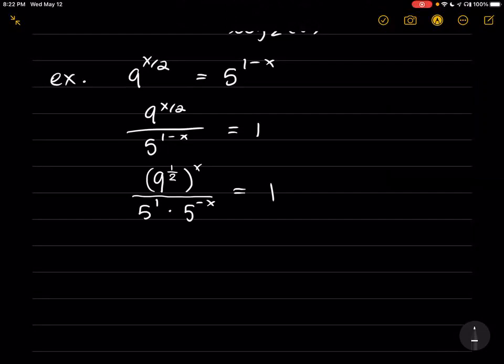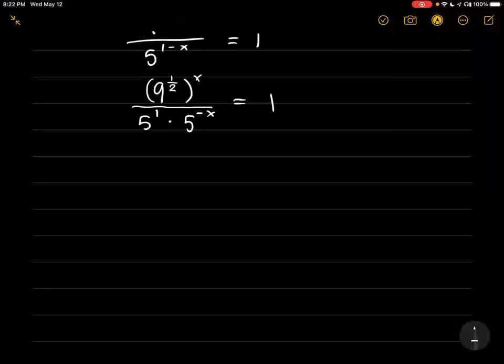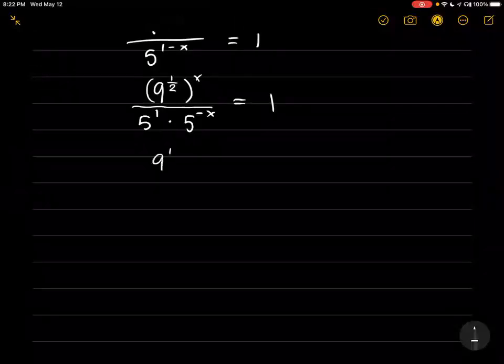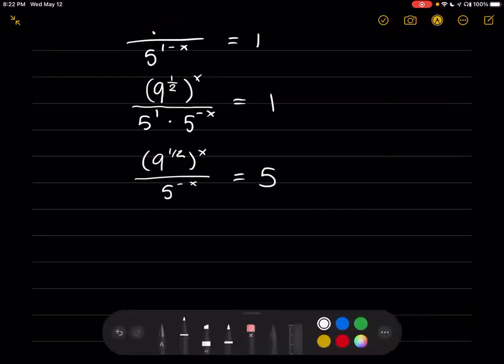I'm going to go ahead and multiply both sides by 5. So that now we have 9 to the 1/2 to the x over 5 to the negative x power equals 5. So I just multiplied both sides by 5, and those canceled. So that's what I did right there.